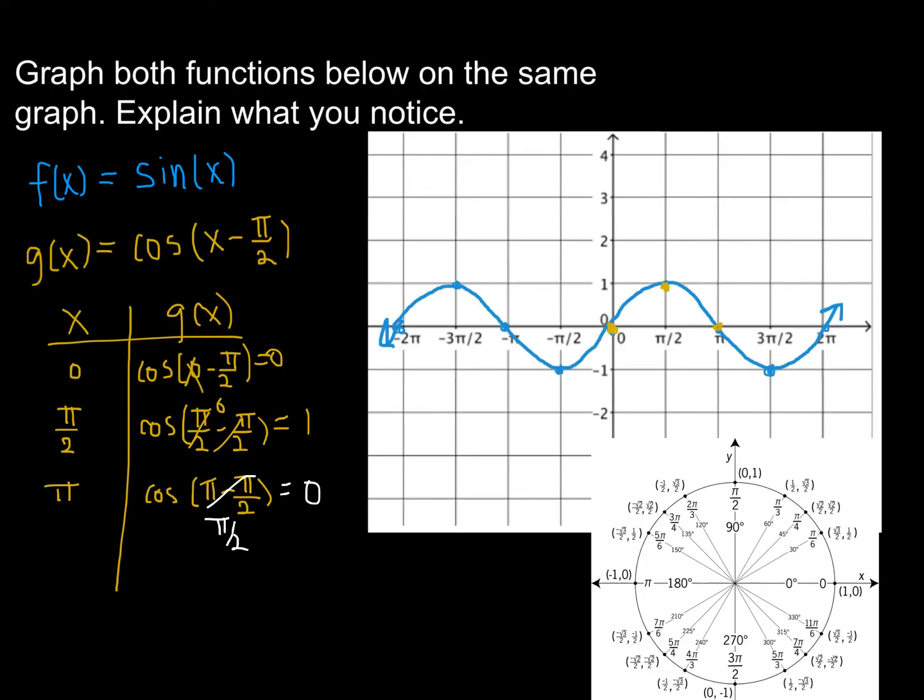And in fact, if you were to continue, 3 pi over 2: cosine of 3 pi over 2 minus pi over 2, well, 3 pi minus pi is 2 pi. So this is 2 pi over 2, or pi, and cosine of pi is negative 1.